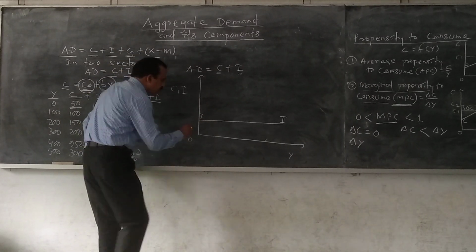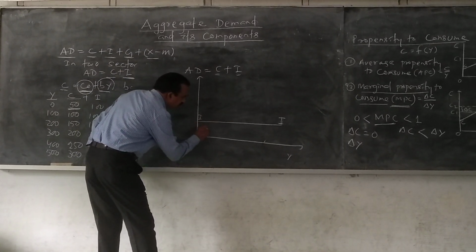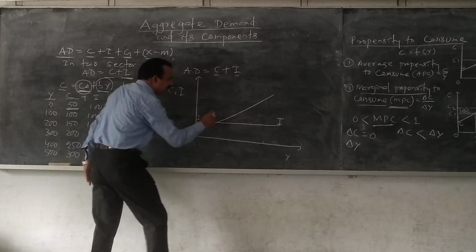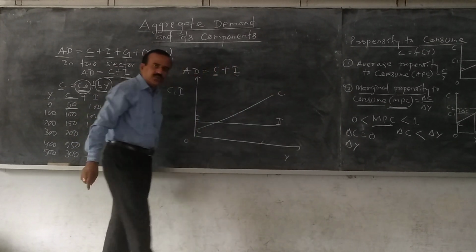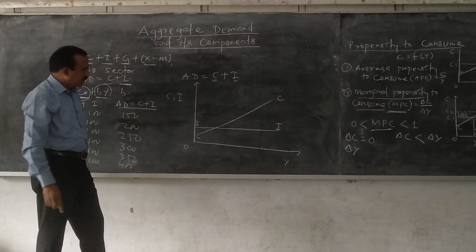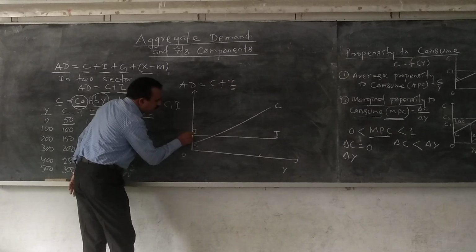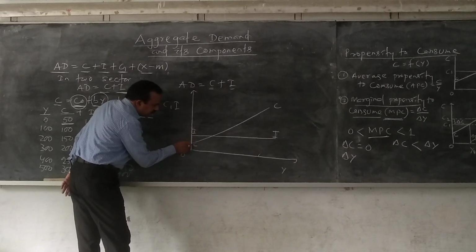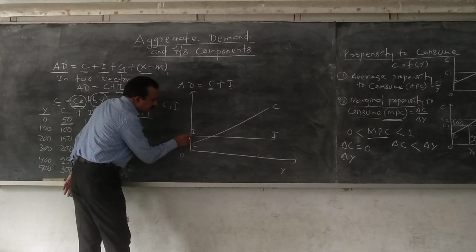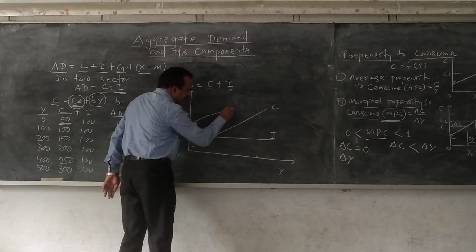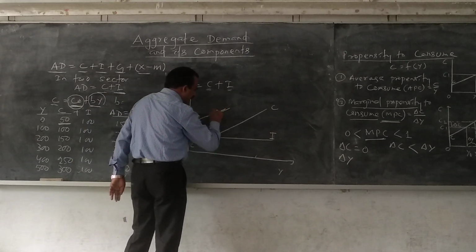And here, this is the consumption curve, C. The consumption curve always starts from the y-axis, not from the origin. Now you combine consumption plus investment. This is the consumption expenditure, this is the investment expenditure. You are getting AD. So this is your aggregate demand.